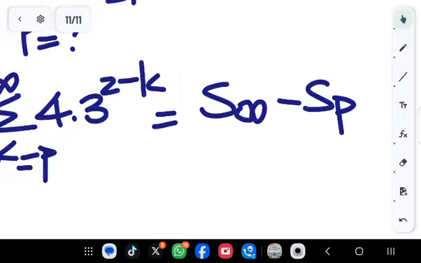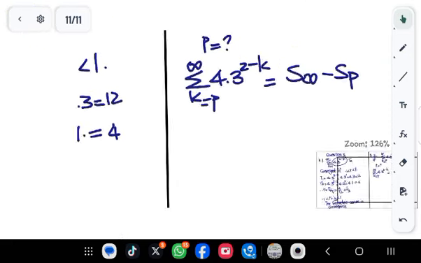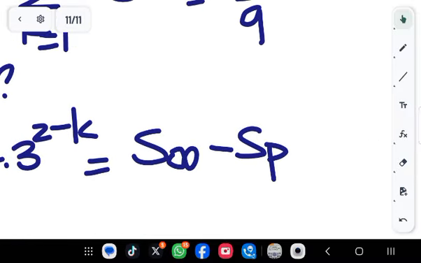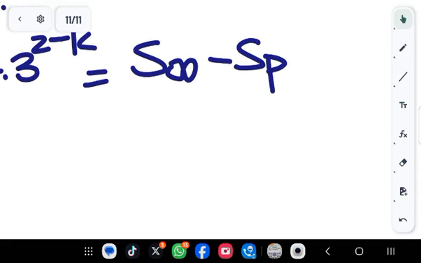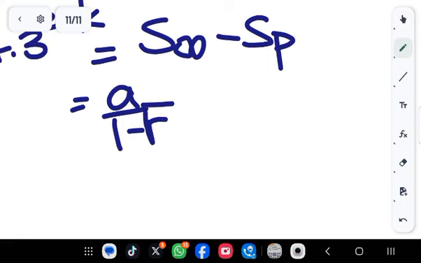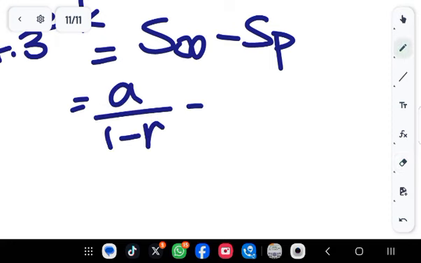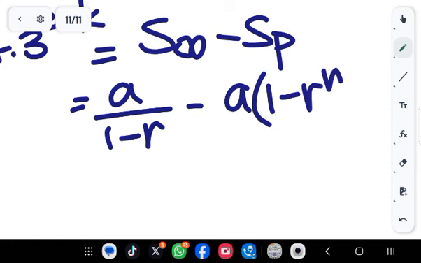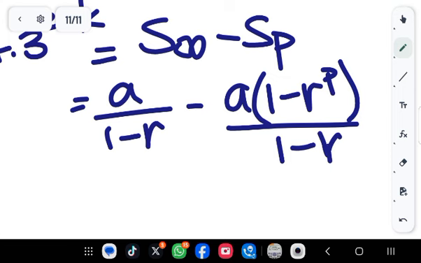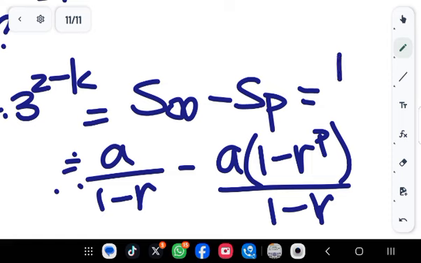Remember, we are dealing with a geometric sequence that has an r which is between 1 and negative 1, so less than 1 in absolute value, meaning that the sum to infinity is a over 1 minus r, minus the sum of the first p terms, which is a in bracket 1 minus r to the power of p over 1 minus r. And this should be equal to 2 over 9.